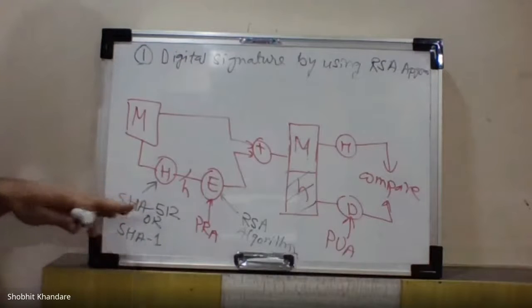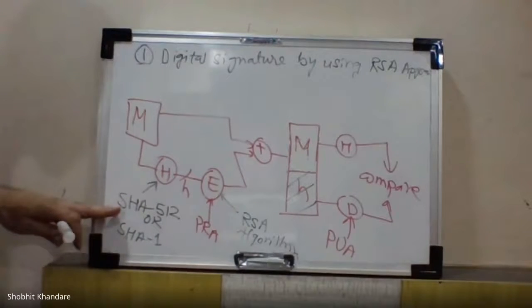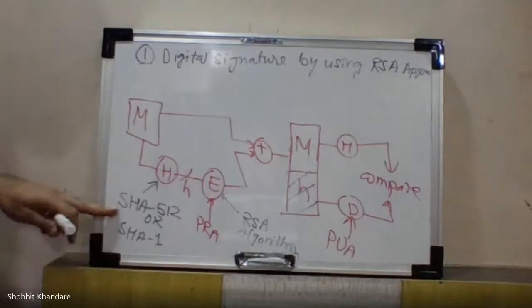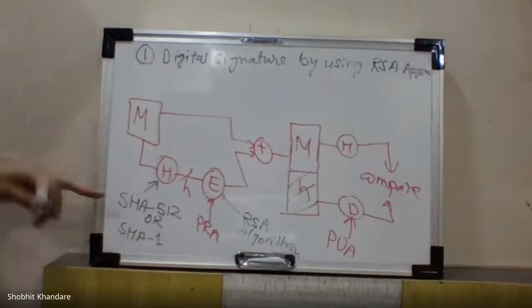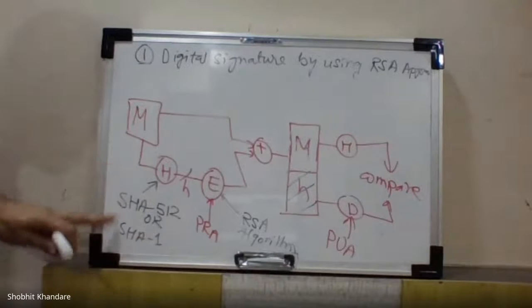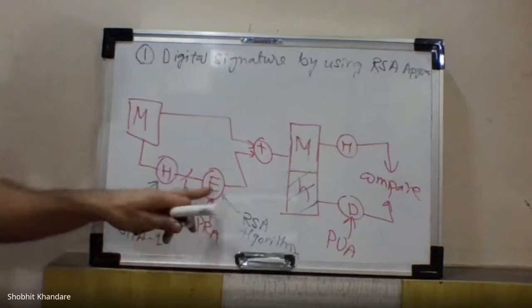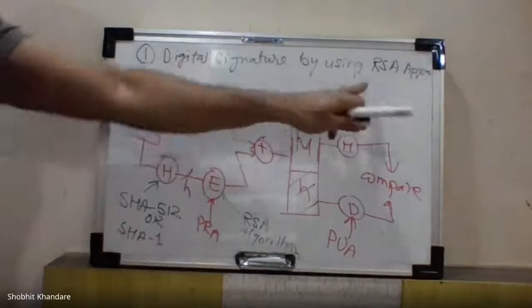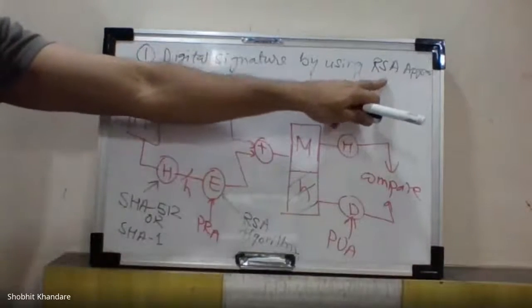We are going to study SHA-512 after the digital signature concept. So this is called a digital signature by using the RSA algorithm.